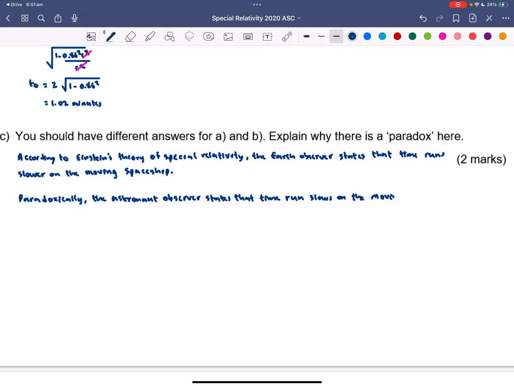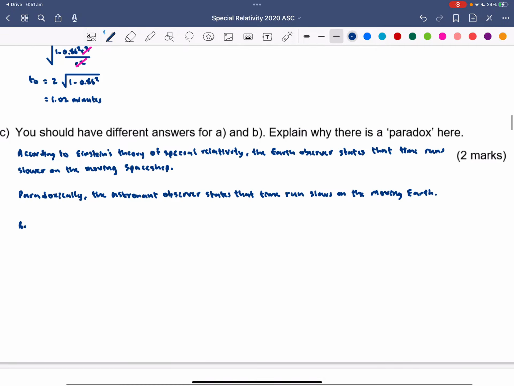Now, they're both correct because each of them thinks the other one's moving. That's why they're both correct. So therefore, both are correct in their own frame of reference.